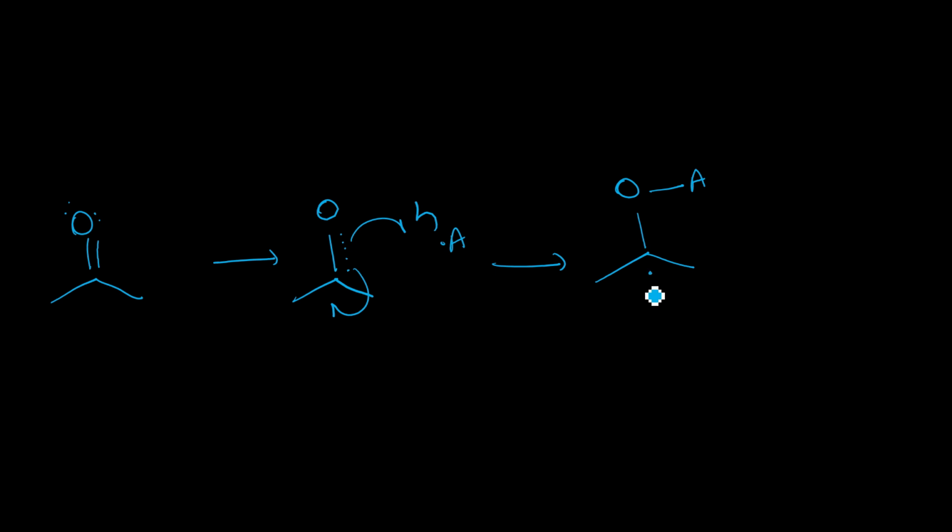There's a radical here. If we introduce a radical to this particular position in the ground state, a reaction would be much less feasible. Why? Because this bond is much stronger. This is the ground state. Sorry, this is the excited state, which is S1 or T1.